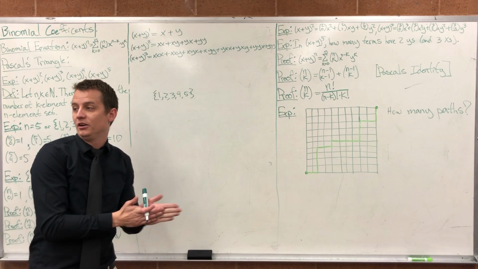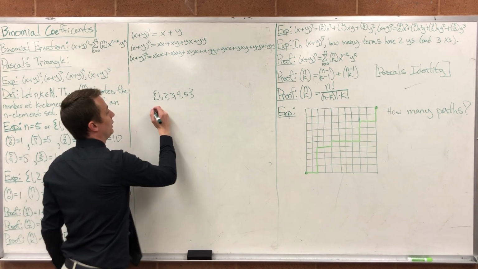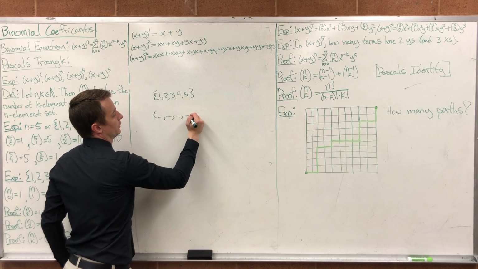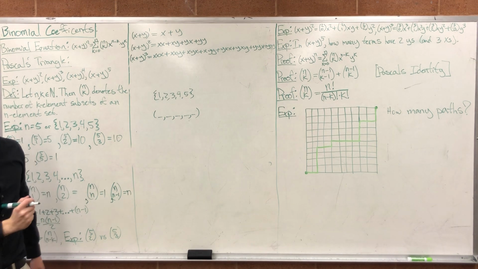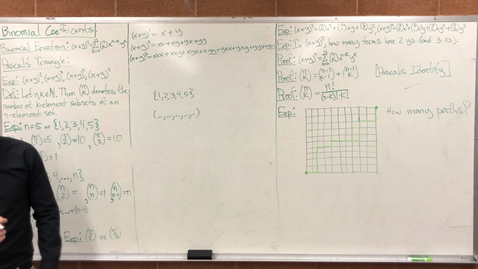No, no, no. Now, here's the way we think about it. I'm going to create a word here that has 5 letters, a word of y's, meaning yes, include that element, or x's, meaning don't include that element.